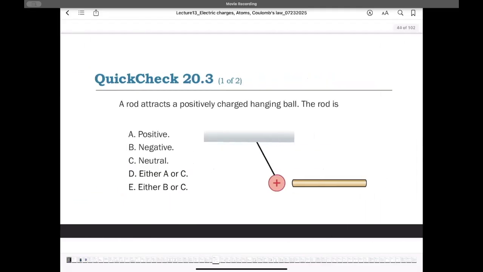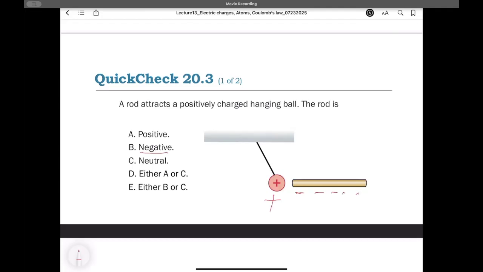Okay, let's talk about this one. A rod attracts a positively charged hanging ball. The rod is what? You can see here, the ball is positive, and this rod is attracted to it. So which one is it? It can be negative. If this rod is negative, it will be attractive.